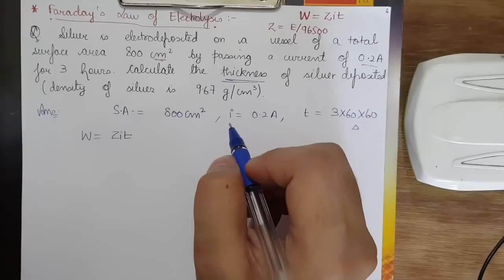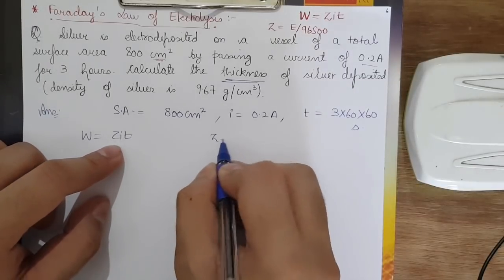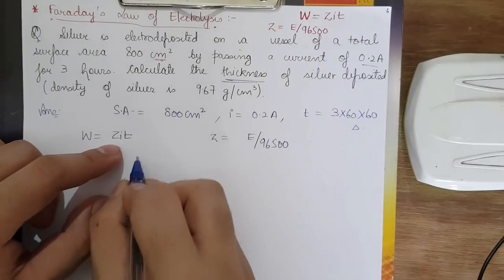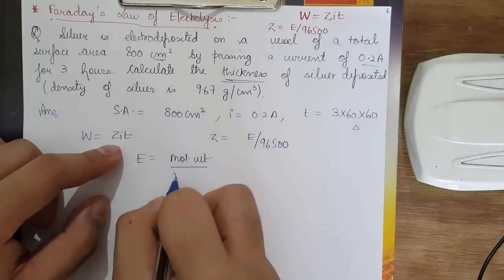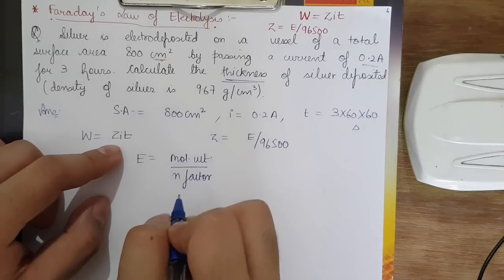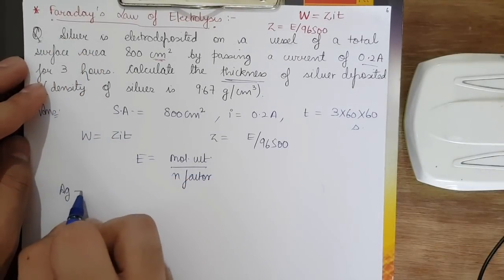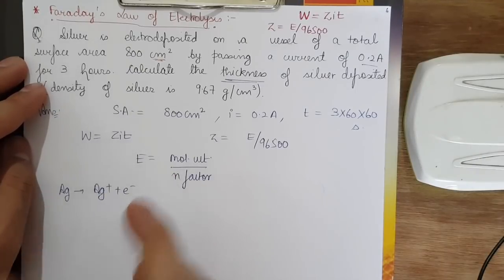Before that, try to understand a very simple thing here. We need to find the value of Z. Z is equal to E upon 96500, where E is equal to molecular weight upon n factor. Now we have silver, Ag. Ag goes into Ag plus plus an electron, or the reverse.